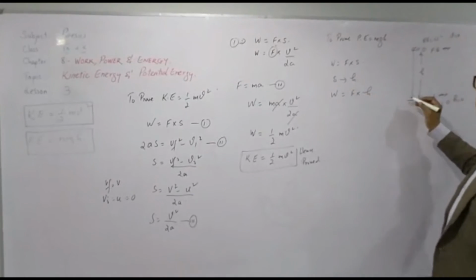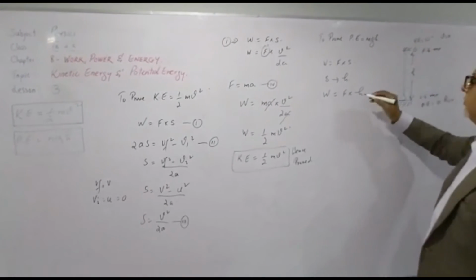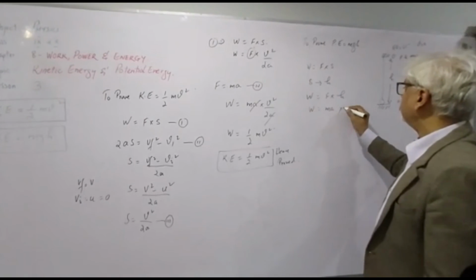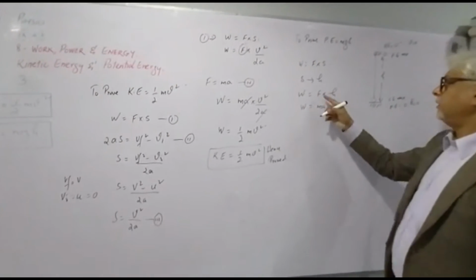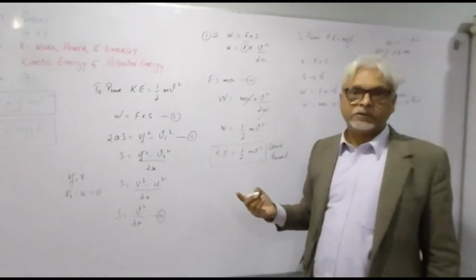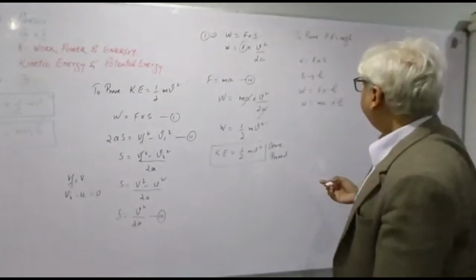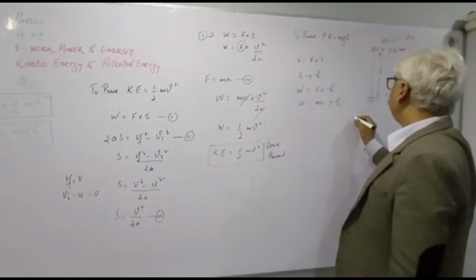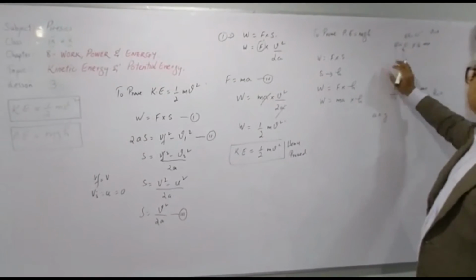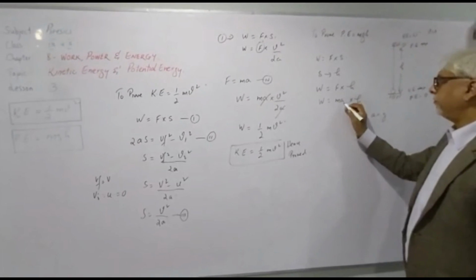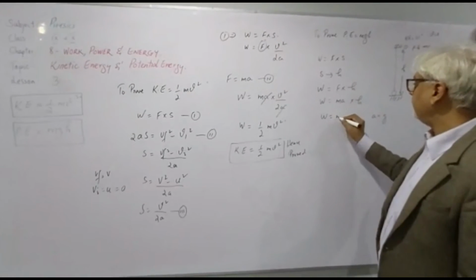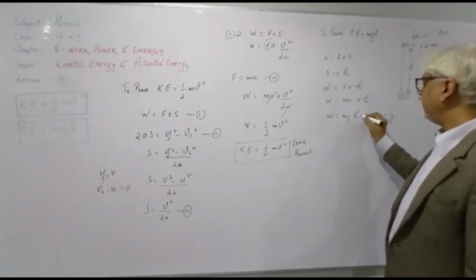Now this force is obviously against gravity. Force is equal to ma, using Newton's second law of motion, so ma times h. Since the body moves up against gravity and comes down with gravity, I'll replace a with the acceleration due to gravity, which is g. So I'll get W is equal to mg times h.